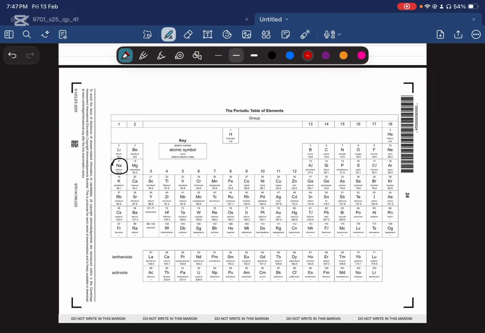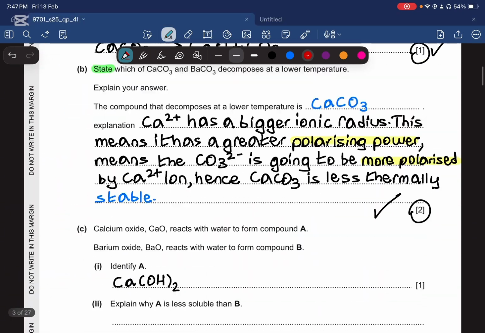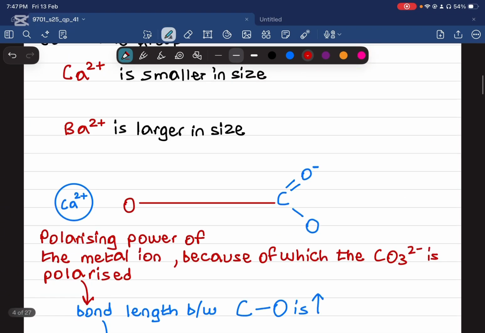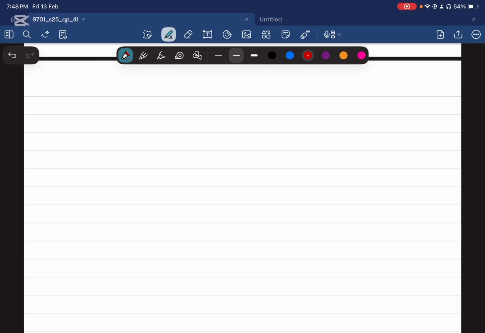So, let's take calcium hydroxide and then let's take what was the other one in the question? The other one in the question was barium hydroxide. All right. So let's take calcium hydroxide and barium hydroxide. Ca(OH)2 and Ba(OH)2. First question.